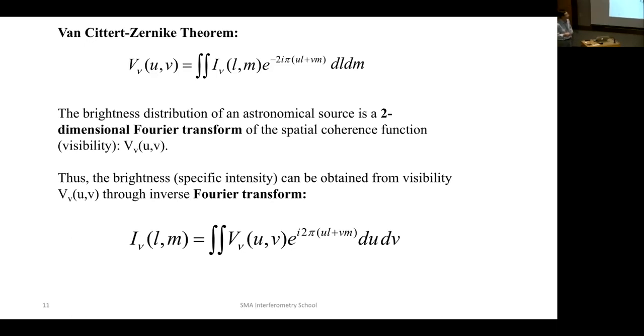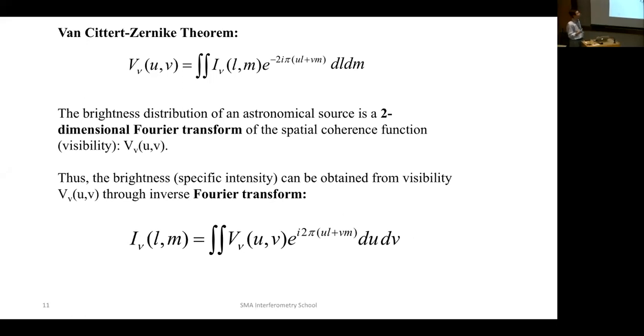One way to think of this is that the interferometer is decomposing your astronomical source into different Fourier components, defined by u and v in your baselines, and that's what you measure in the cross correlation, those visibilities.